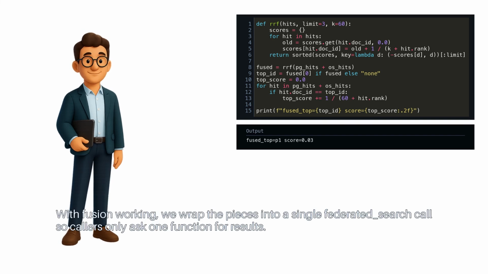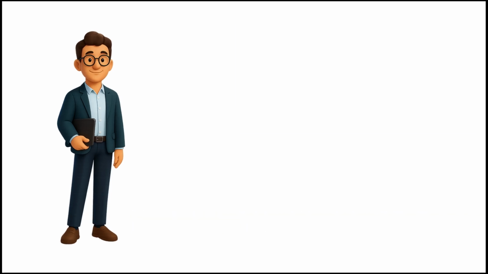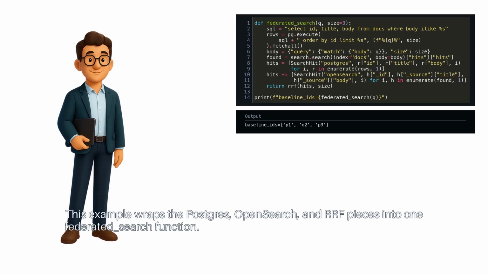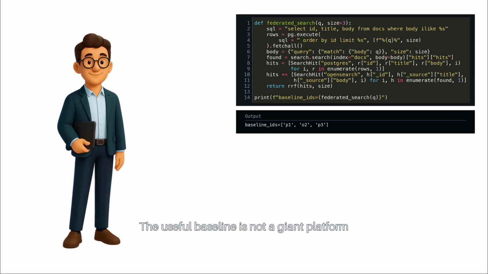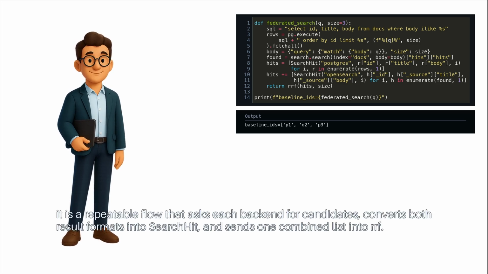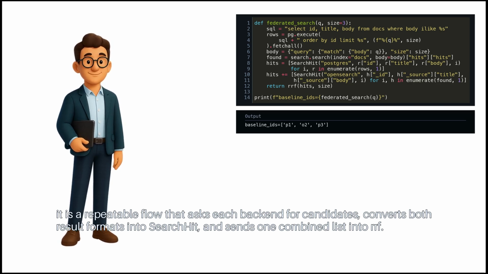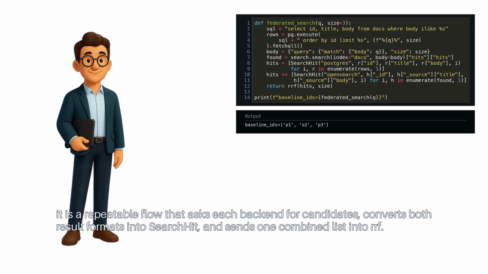With fusion working, we wrap the pieces into a single federated search call so callers only ask one function for results. This example wraps the Postgres, OpenSearch, and RRF pieces into one federated search function. The useful baseline is not a giant platform. It is a repeatable flow that asks each backend for candidates, converts both result formats into SearchHit, and sends one combined list into RRF.